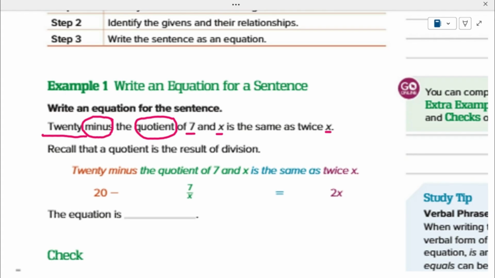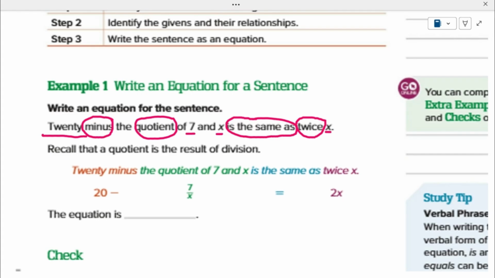This one's kind of tricky. You might not catch it right off the bat, but this is a mathematical operation. Is the same as, and then twice is actually a separate operation. Okay, looks like we have everything underlined and circled.